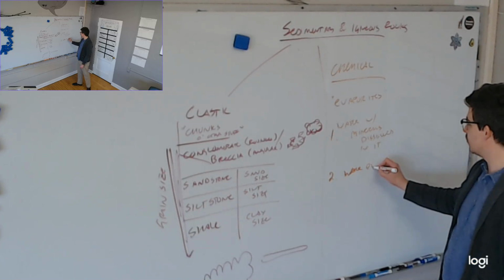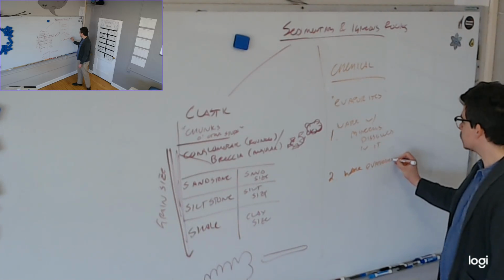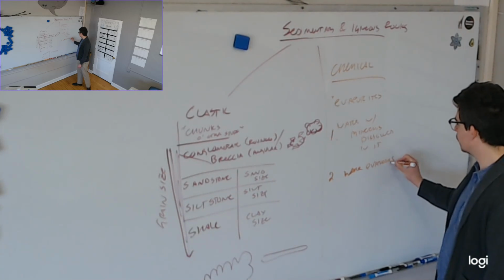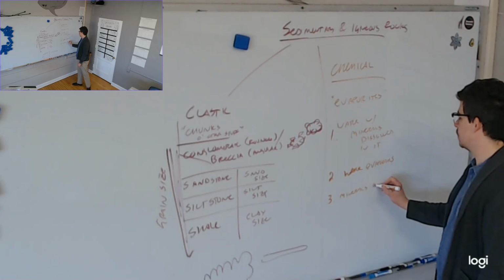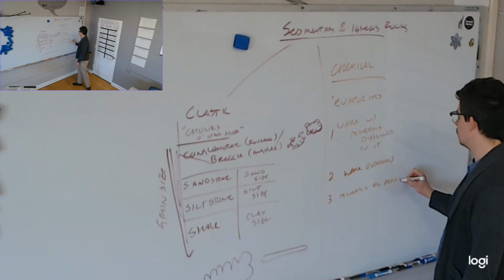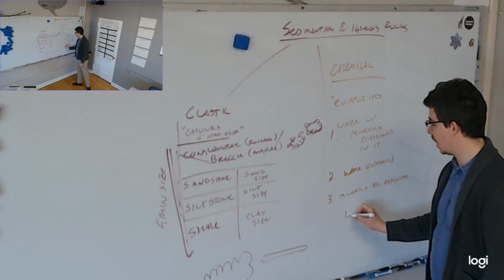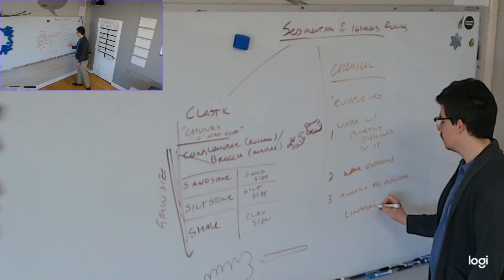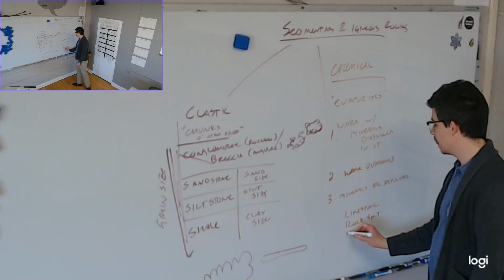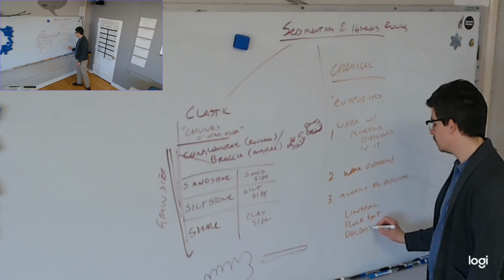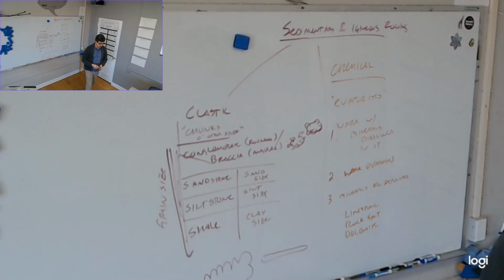Evaporates? Yeah, the water evaporates. And then step three is the minerals are deposited. Some examples of this are limestone, rock salt, dolomite. There are lots of others, but those are just some examples.